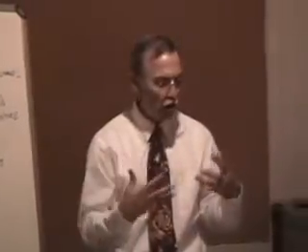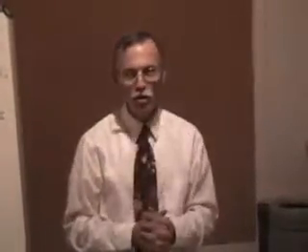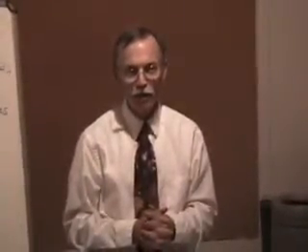So, this structure guides us to a central point. In John chapter 1, verses 1 and 2, in the Greek, there is a chiastic structure in those verses. And at the center of the chiasm is the statement that the Word was with God, the Word was God.